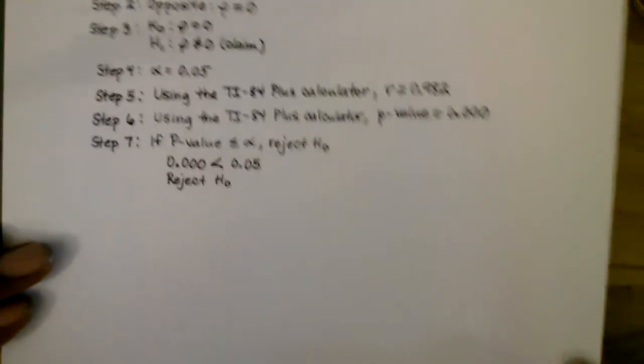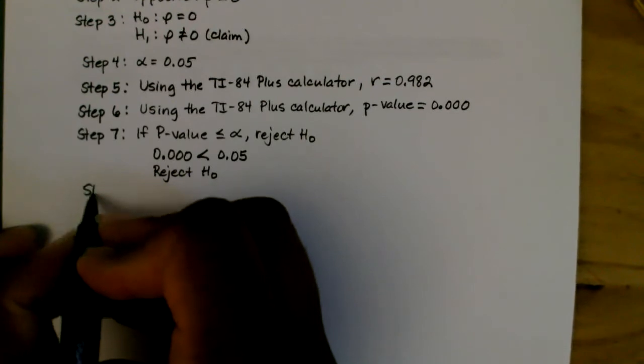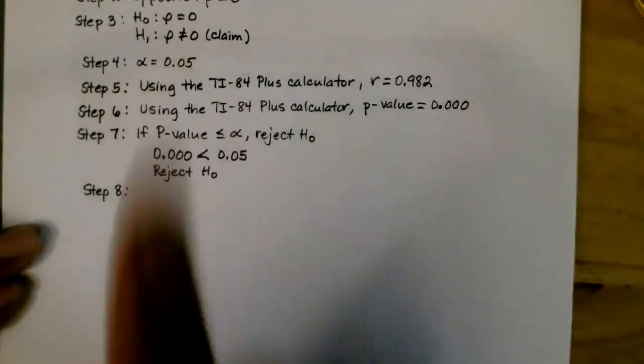If we reject the null hypothesis, that means in this case, well, we rejected the null, and the claim was the alternative.